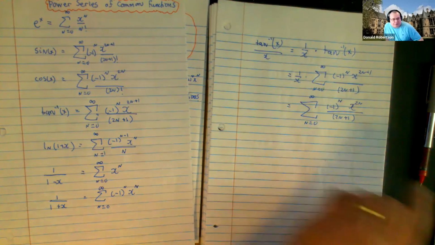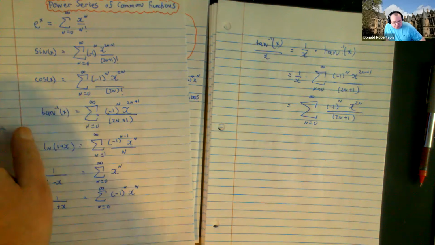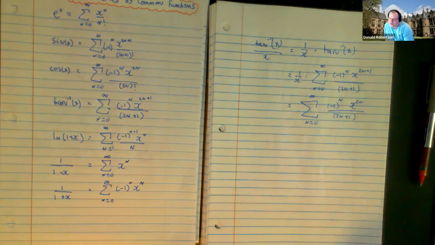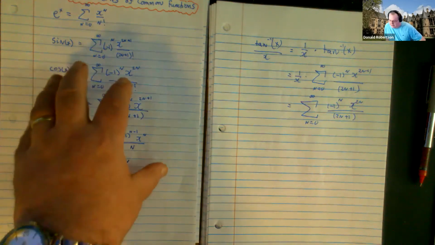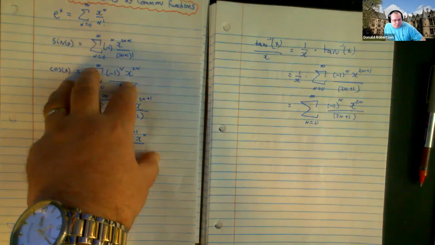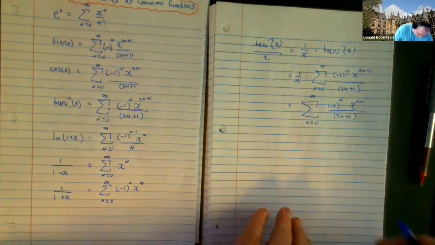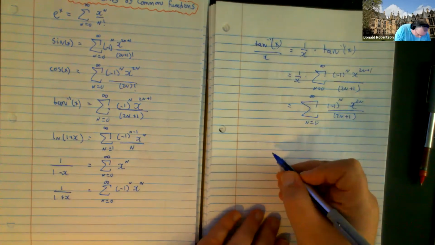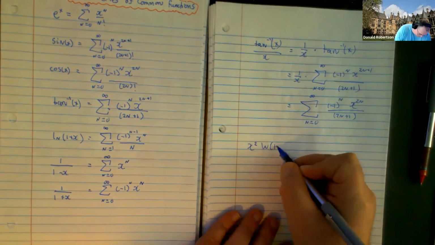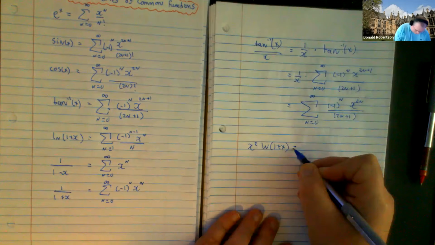You see that by only using these guys as building blocks, can't we get the power series of lots of other functions as long as they are in some way connected to these guys, right? How about this one? Where should we go? Let's do x squared, the natural log of 1 plus x.